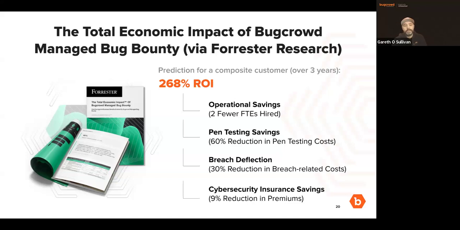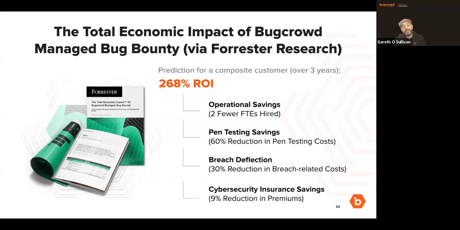You may or may not agree with everything that's in it, but some of the useful percentages were organizations, by using bug bounty, being able to reduce their full-time equivalent headcount, introduce cost savings on pen testing costs, and reduce breach-related costs as well, obviously, because bug bounty, like I said earlier, tends to surface things that often get missed by other approaches.